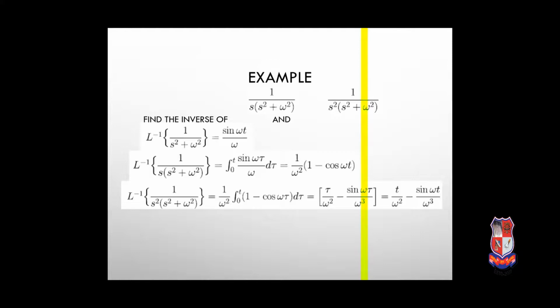Laplace inverse of 1 upon s square plus omega square is equal to sin omega t upon omega, and Laplace inverse of 1 upon s into s square plus omega square is equal to the integration from 0 to t of sin omega tau upon omega d tau, is equal to 1 upon omega square times 1 minus cos omega t, and Laplace inverse of 1 upon s square into s square plus omega square is equal to this.